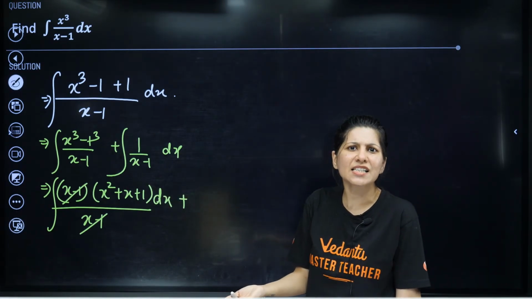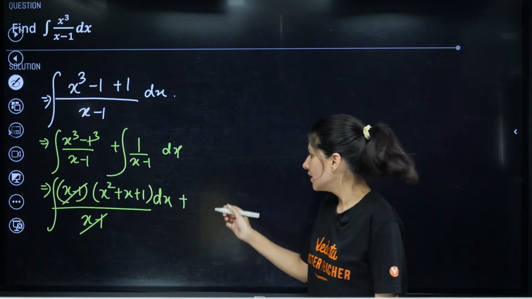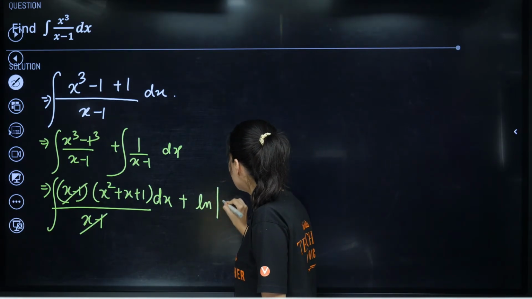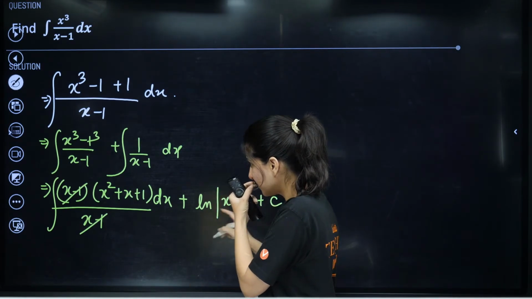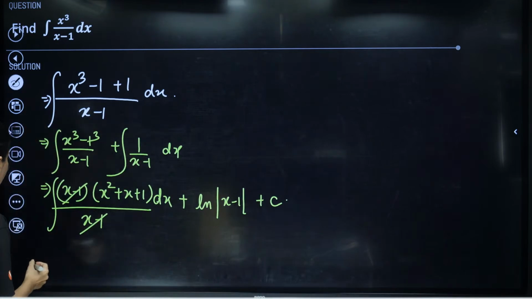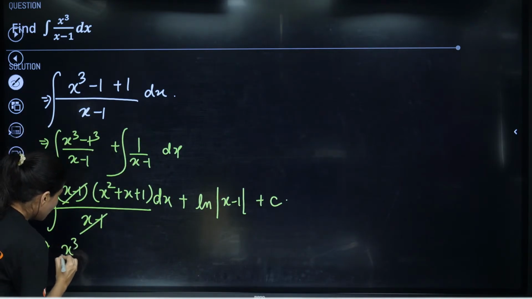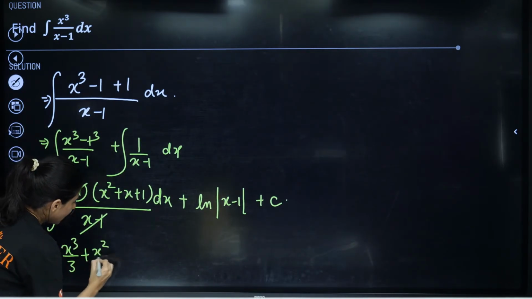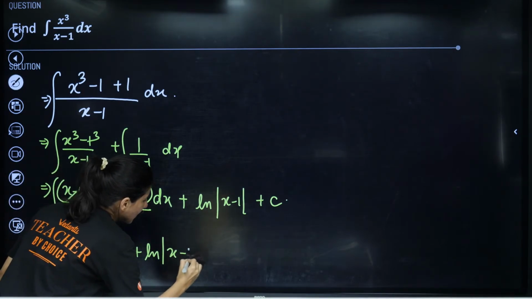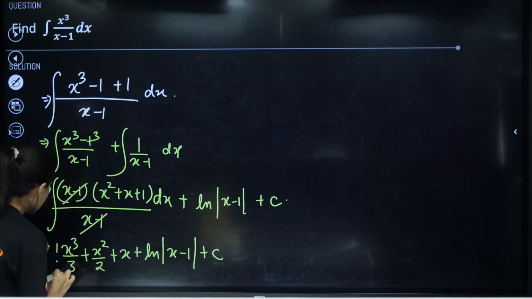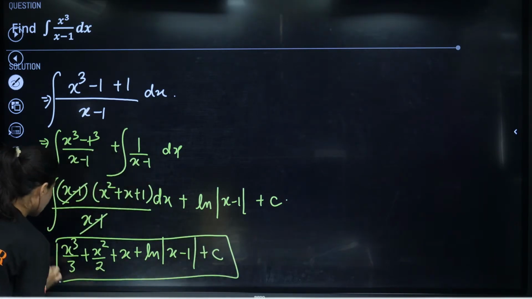Integration of 1 by x is log x, so integration of this will be log of mod of x minus 1, plus constant. So this is x cube by 3 plus x square by 2 plus x plus log of mod of x minus 1 plus c. This is your final answer.